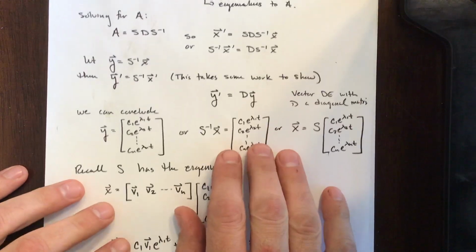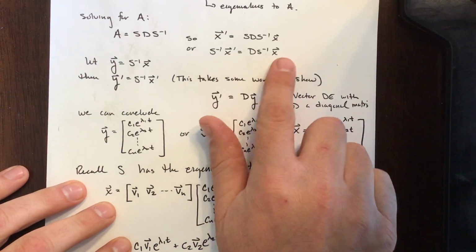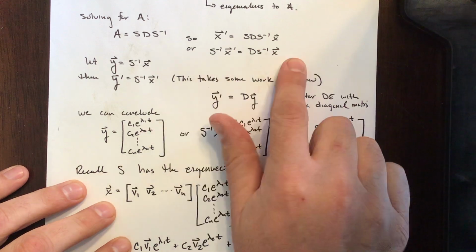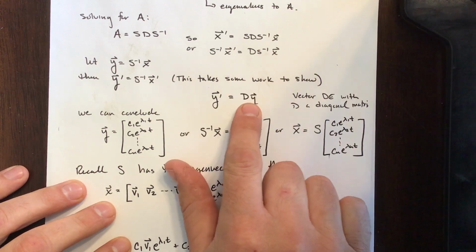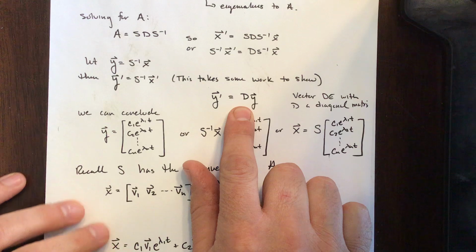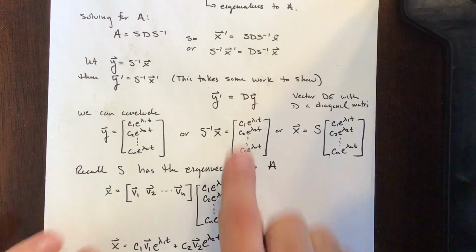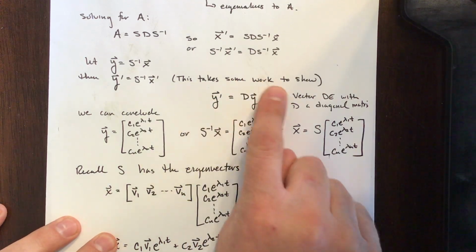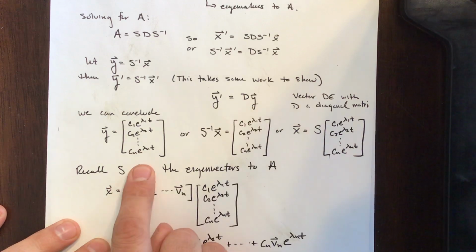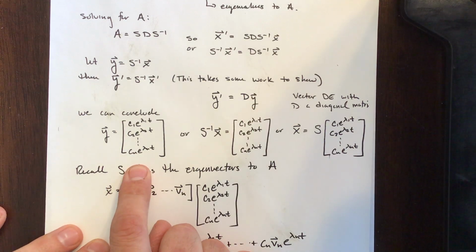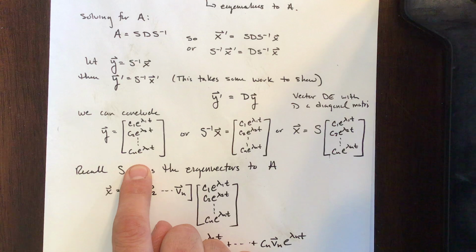So we can reduce this equation to y prime equals Dy, where D was a diagonal matrix. So if D is now a diagonal matrix, then this system, y prime equals Dy, has this as its solution. That was just discovered on the previous page 3 minutes ago.